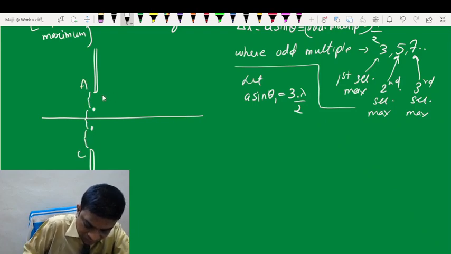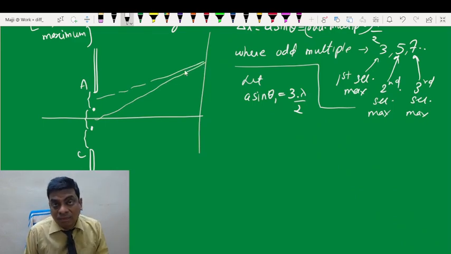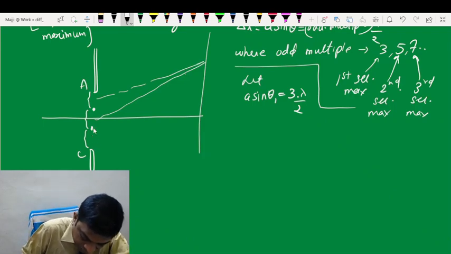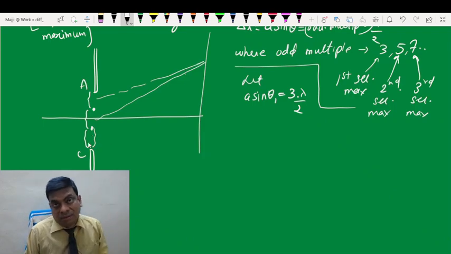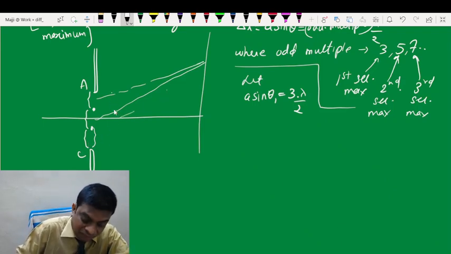And as we'll see, the effect due to this will be exactly cancelled by the effect due to this, because after all the average path difference between the waves is lambda by 2. But the effect due to this third portion will be there, even though the effect due to the first two portions will cancel each other.